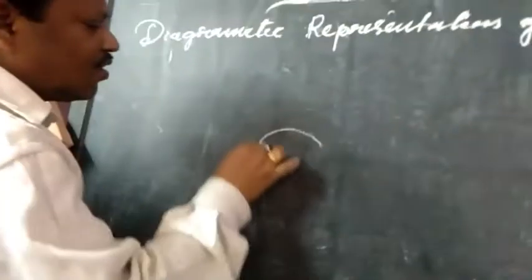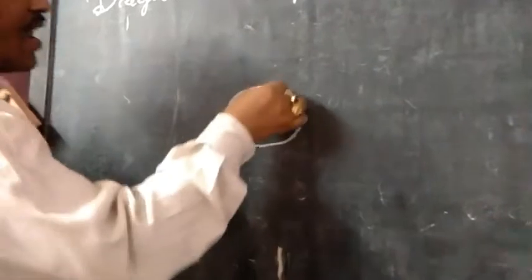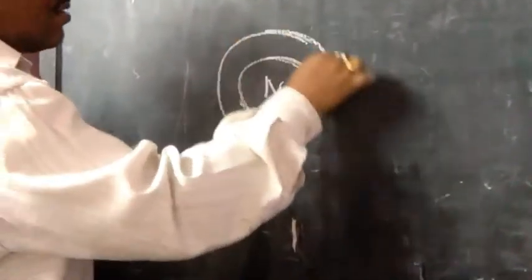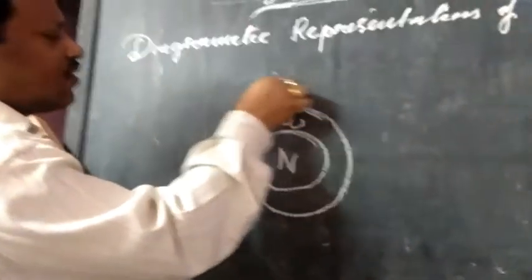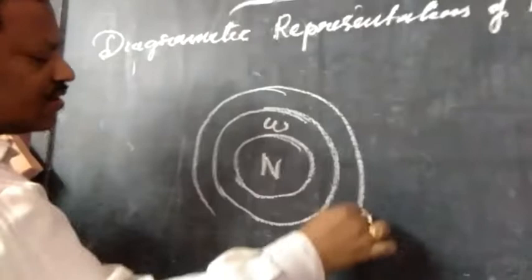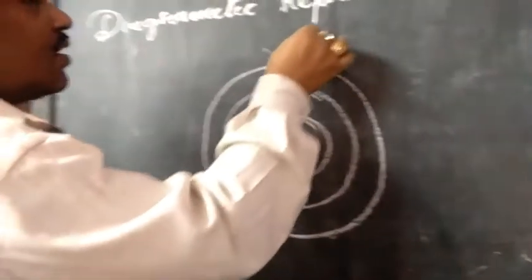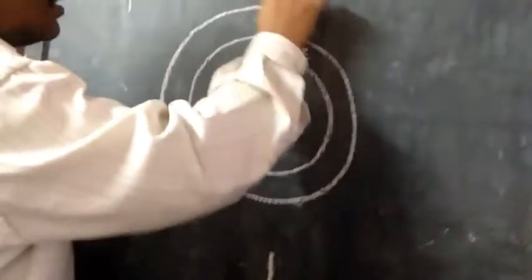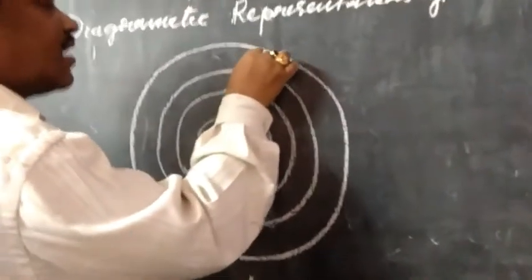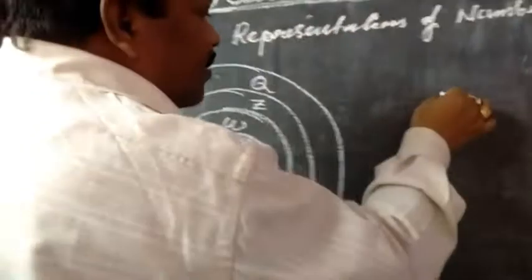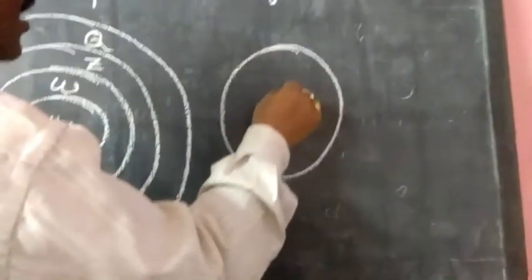First you have to take natural numbers, N. Next, along with 0 included, it is whole numbers. Next, another circle is integers, or Z. Next, another circle like this is rational numbers. Now separately, like this, you take irrational numbers.